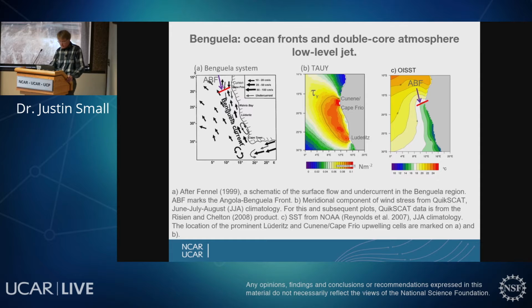So a little bit more about the Benguela. It's a region of ocean fronts and a double core atmospheric low-level jet. So this schematic on the left here is showing the flow. The black arrows are the Benguela current. There's an offshore branch, and there's also an inshore branch, which is most associated with the upwelling.